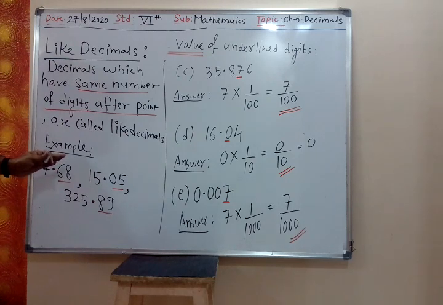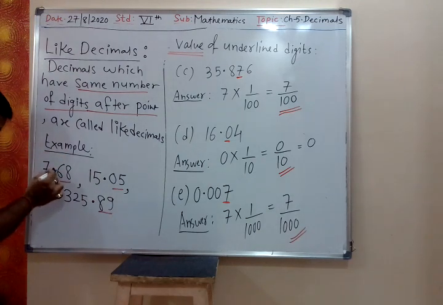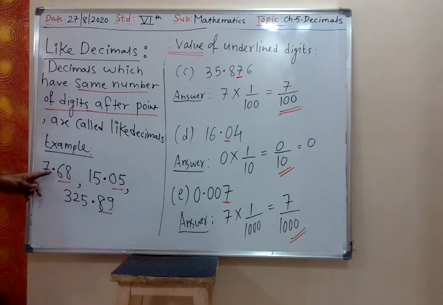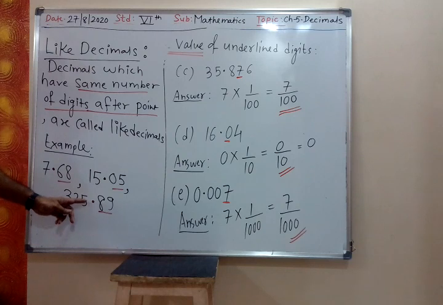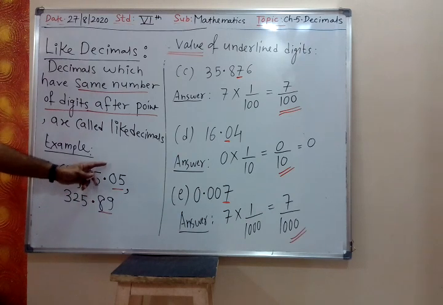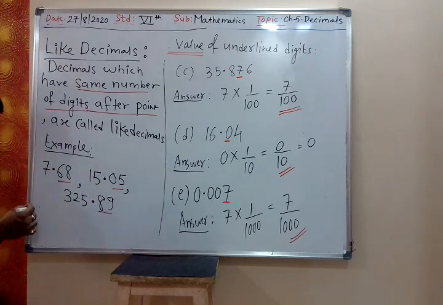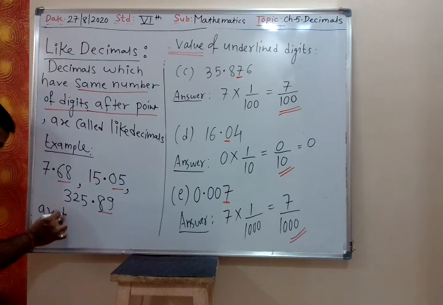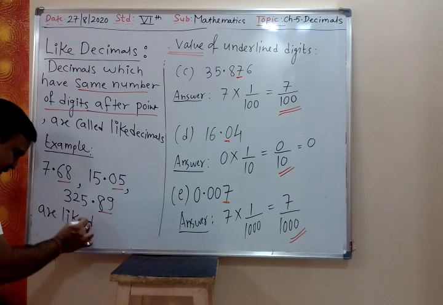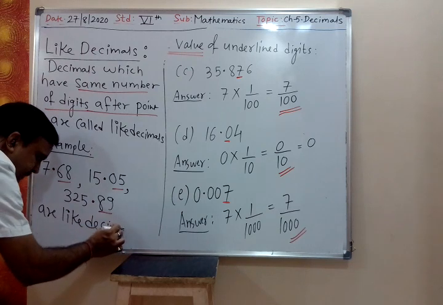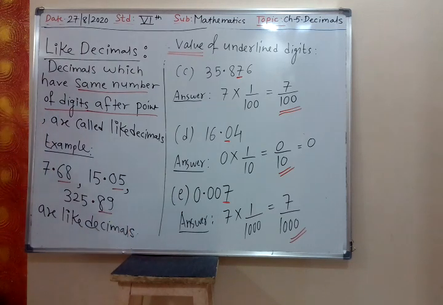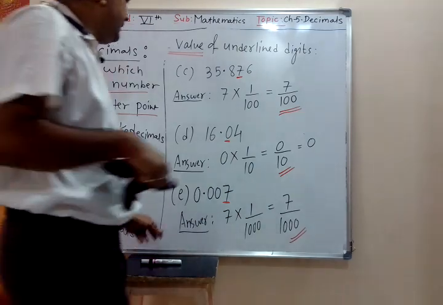But for like decimals, after the point they should have the same number of digits. Here before the point there is one digit, then two digits, then three digits. But for like decimals we see after the point: two digits, two digits, two digits. So these three are like decimals.